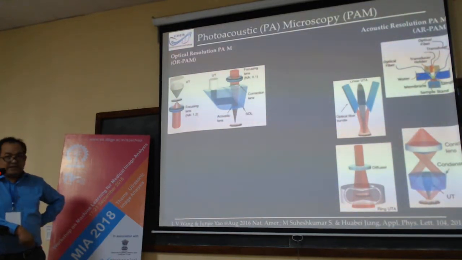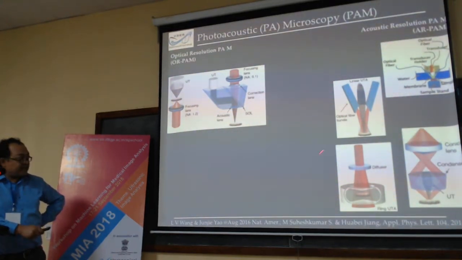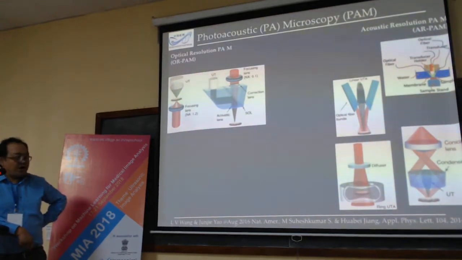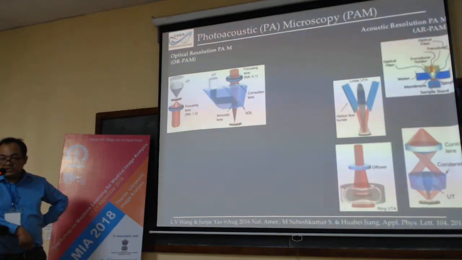Now, the resolution that we can achieve with acoustic resolution is very limited. From the literature that I found, it is 60 micrometers, which is limited. Then people thought about how to achieve a higher resolution.